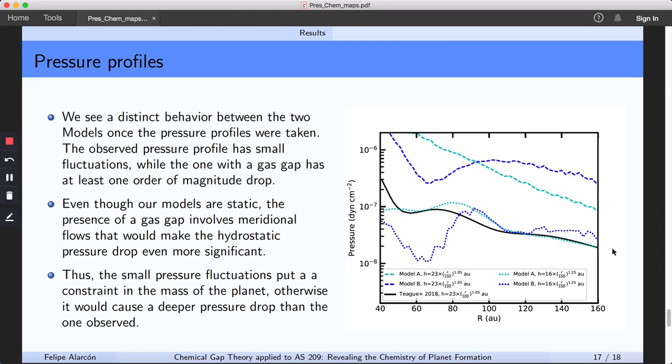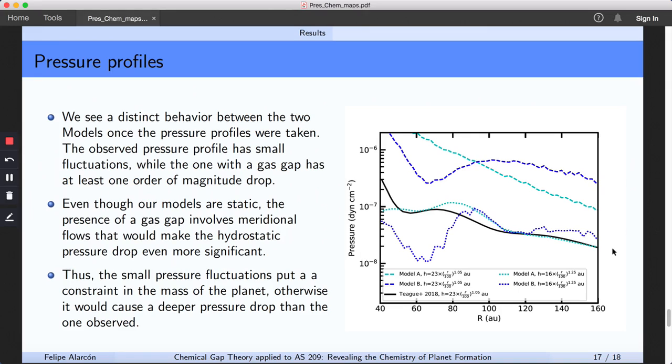So we see that the fluctuations in the pressure profile of the disk are very small, within a factor of 2 or less, and they seem to be consistent with the model without a gas gap and just CO depletion.